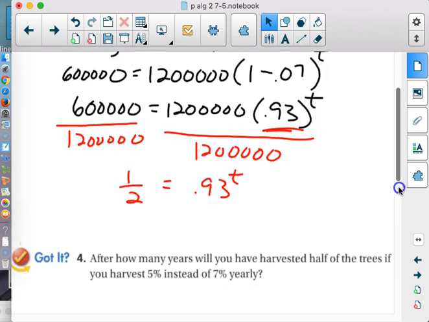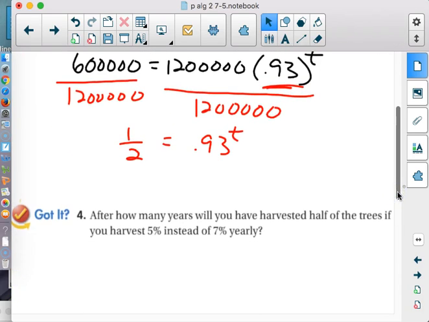Now, it is a word problem, and it already has decimals anyway. So if you wanted to change 1/2 to 0.5, if maybe you just used your calculator for the whole thing, who cares? You know, it already came with decimals. How do we get rid of a base of 0.93? Ideas.